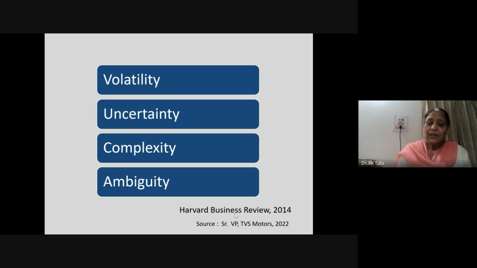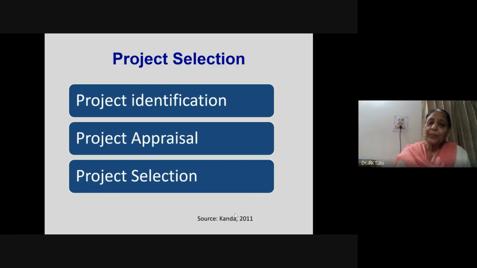And there are a number of projects which can be undertaken in different aspects, at the local level, at the regional level, at the national level, at the international level. And project selection includes three important aspects: project identification, project appraisal, and selection.